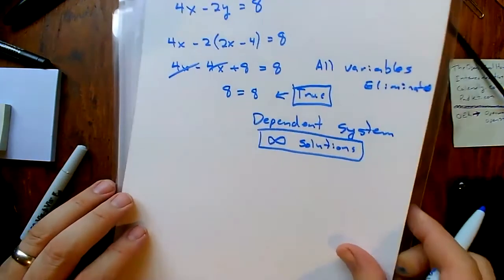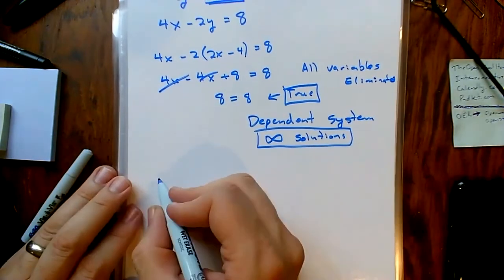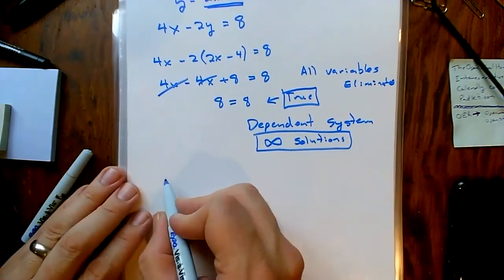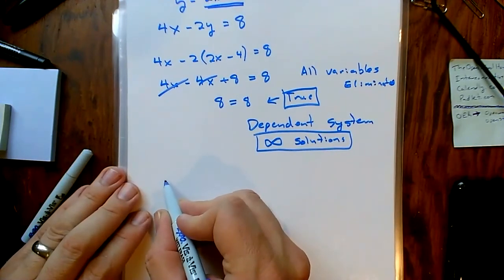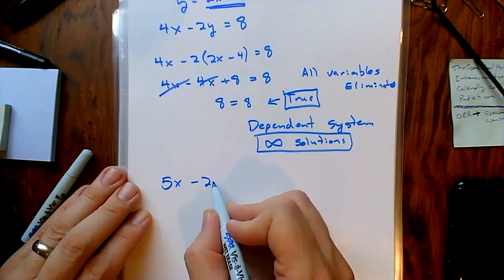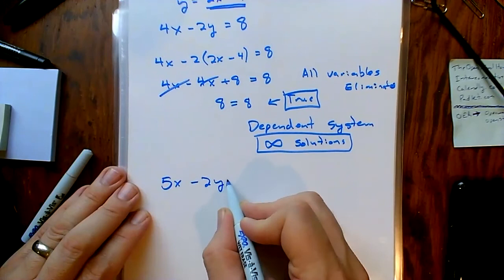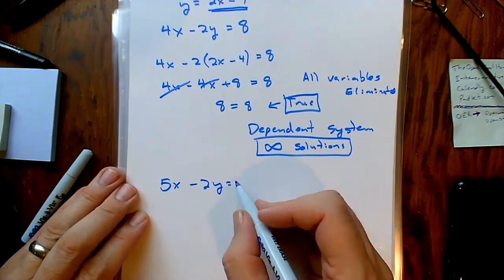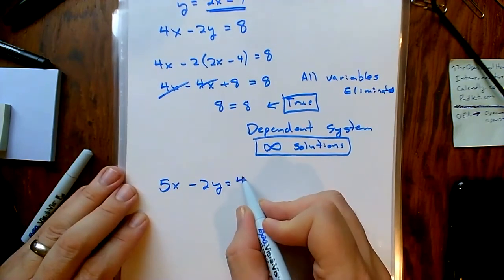well, let's say I've got something like 5x minus 2y is equal to 4.